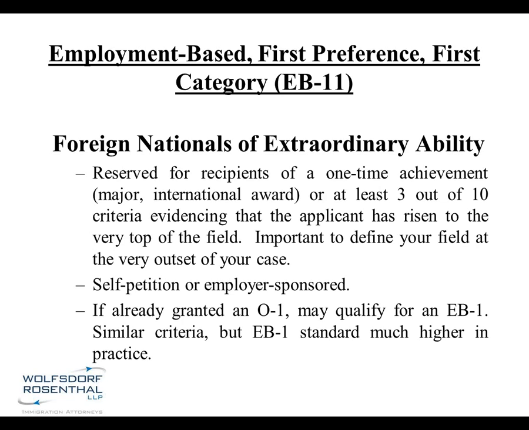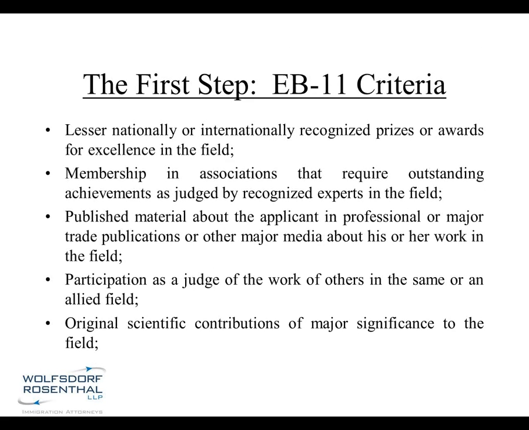And even though for scientists the regulatory criteria are nearly identical, in practice, U.S. Citizenship and Immigration Services, which is the government agency that adjudicates these petitions, applies a much higher standard to the EB-1A. So don't think that just because you have the O-1, that necessarily means that the EB-1A is going to be a slam dunk.